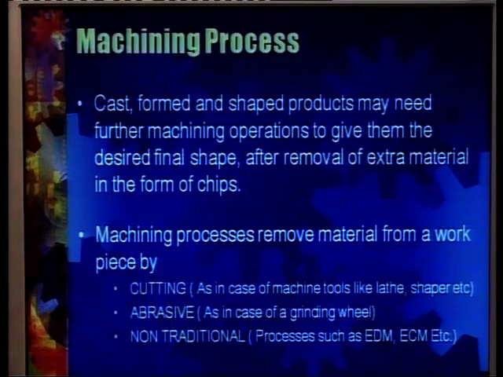These include special processes such as electro discharge machining, electrochemical machining or similar processes, and are mainly used for machining those materials which are harder and difficult to machine using conventional processes.